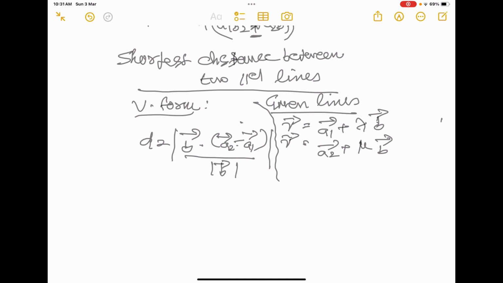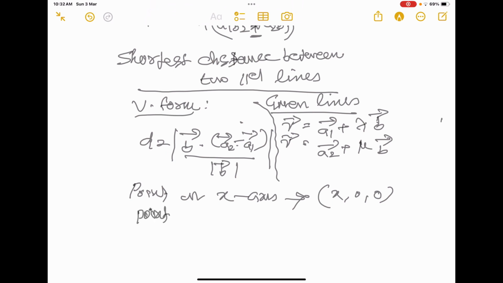And then we want to write points. A point on the x-axis is x, 0, 0.